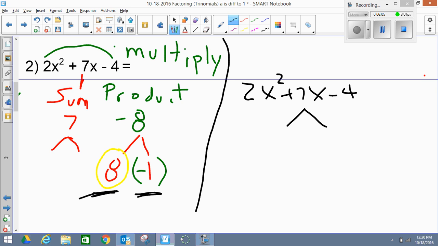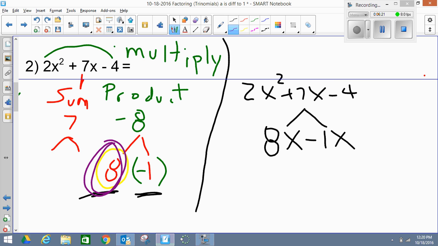Every time you're doing grouping in these trinomials, you break up the middle one, the value that is with the x. So that 7x turns into 8x minus 1x. I'm just using these two values that we just found, 8 and negative 1.